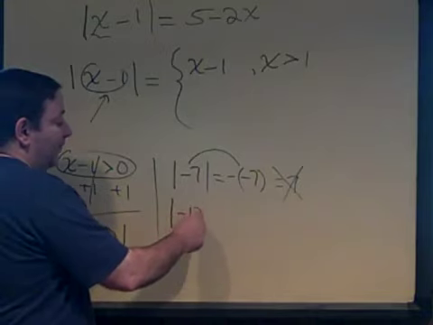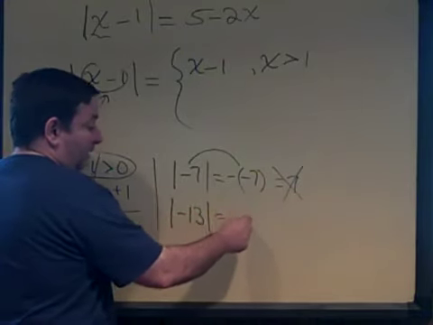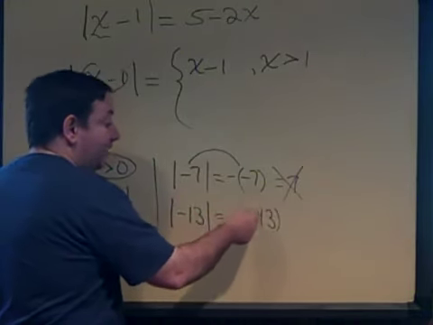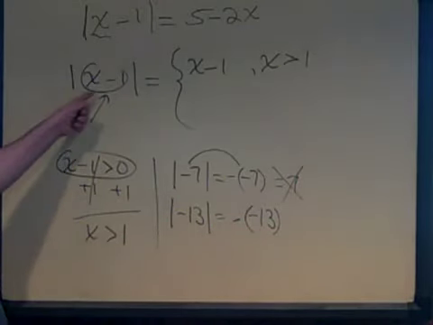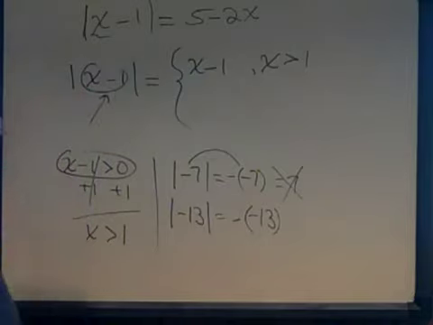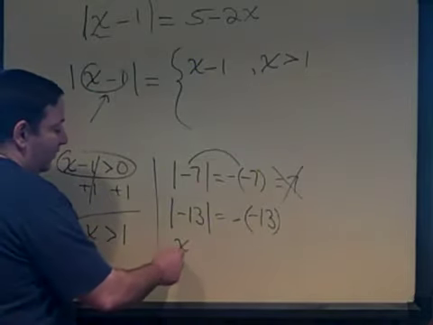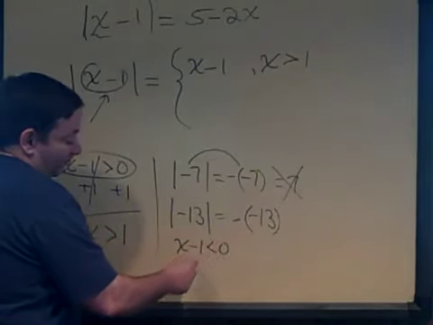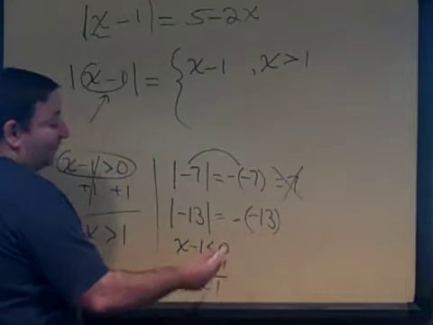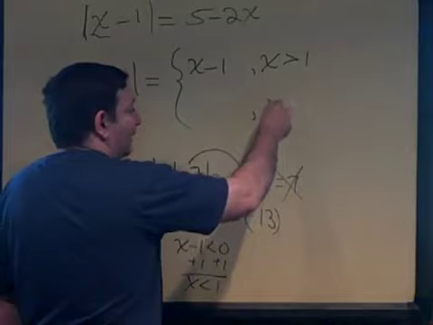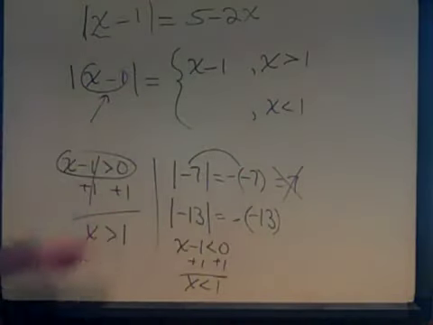The absolute value of negative 13 is, believe it or not, negative 13 with a negative in front. If what's in here is negative, well, when is x minus 1 negative? Add 1 to both sides. When x is less than 1. If x is less than 1, then what's in here is negative. And of course that's true.